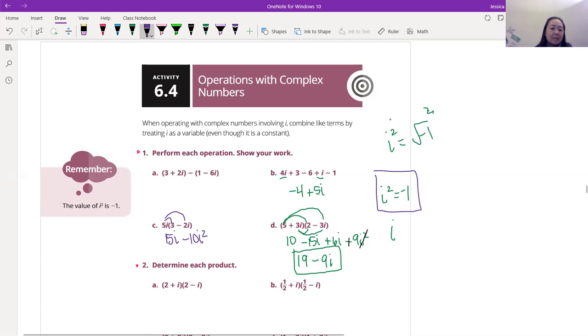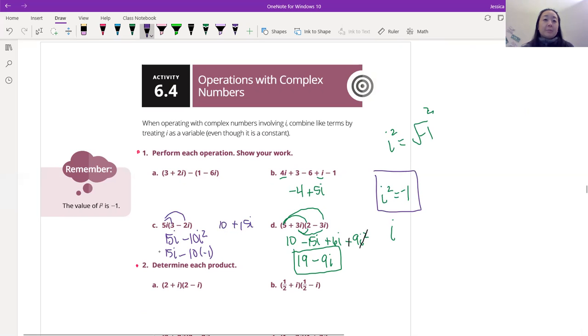So instead of this being i squared, we have to simplify it down to a -1 like that. And then what is -10 times -1? A +10, right? So this one I'm going to rewrite in standard form. So it's +10 plus 15i.